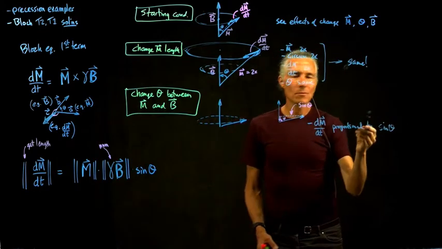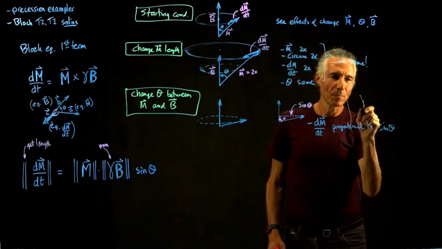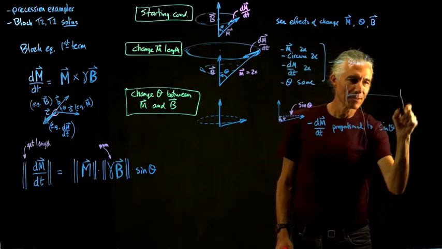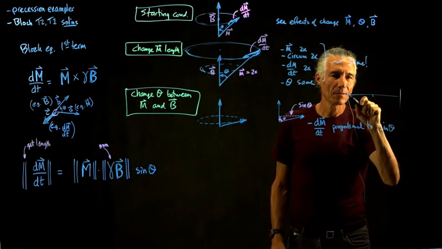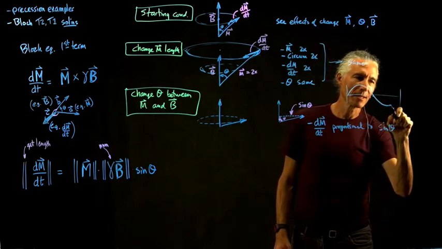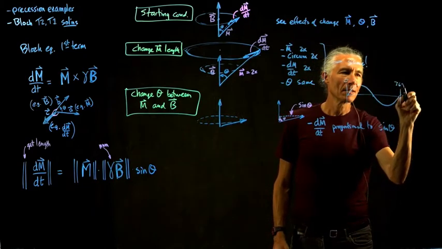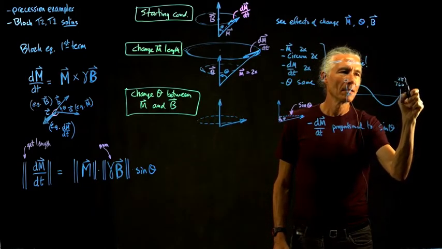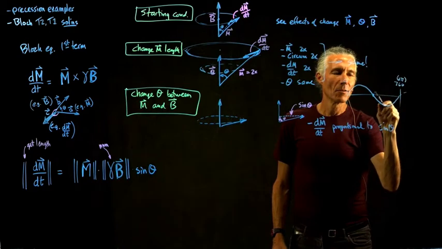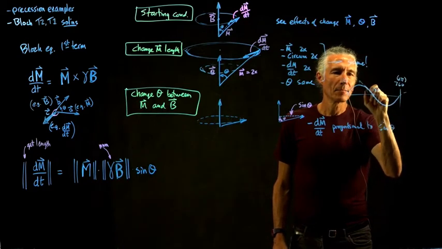Let's plot it out. Here's the sine. It goes up like this, down like that, up like this, et cetera. So there's 0, 360 degrees, 2 pi. It's 0 at 180, and it's maximum at 90.